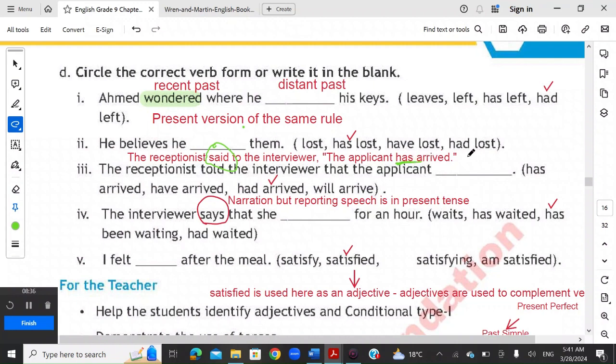Present simple will change into past simple, present continuous will change into past continuous, present perfect will change into past perfect, and vice versa. So you can see has is used in present perfect tense, so it will change into past perfect, and that would be had.